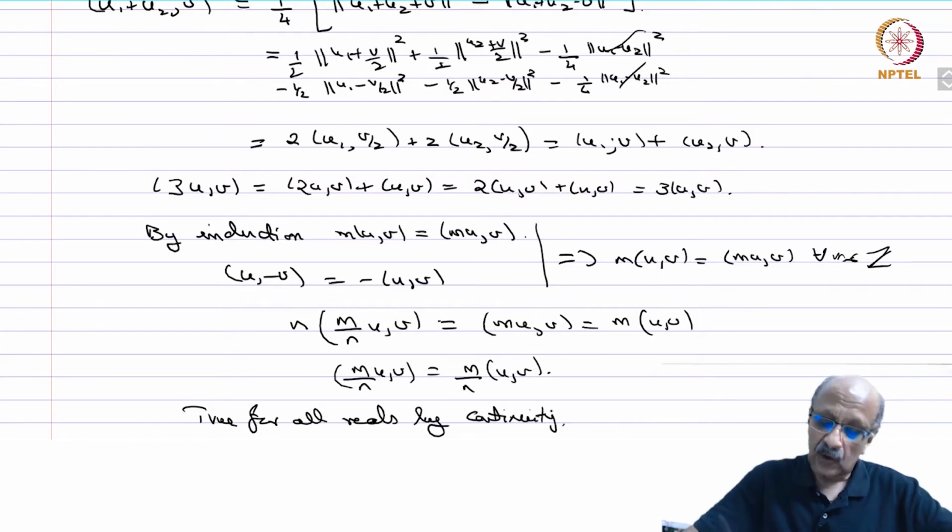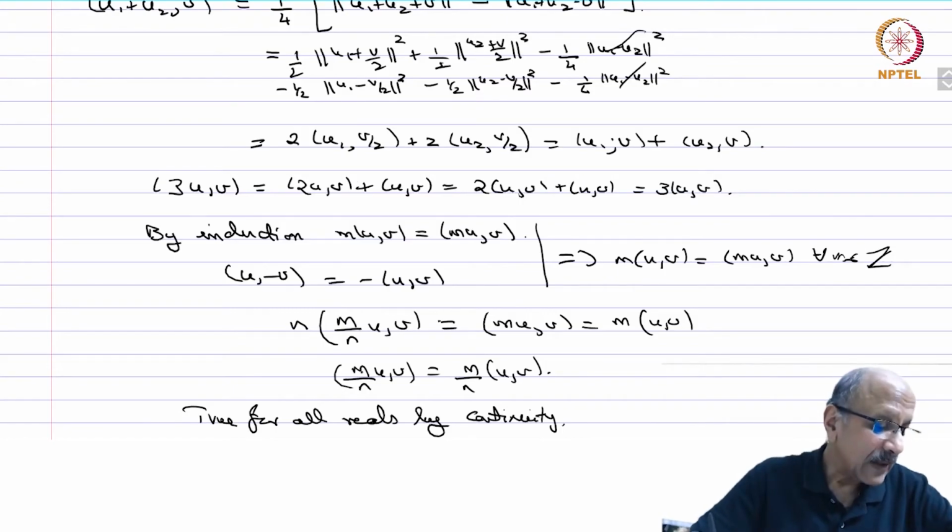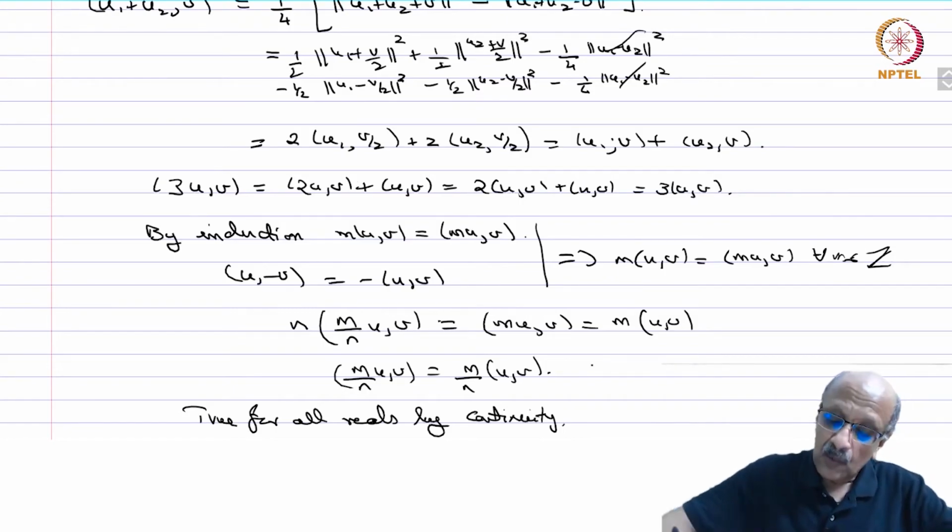The norm is obviously continuous, therefore the inner product which we define is also continuous, and therefore if you take any real number approximated by rational numbers, it's true for all. So we have that (u1 + u2, v) is (u1, v) plus (u2, v).